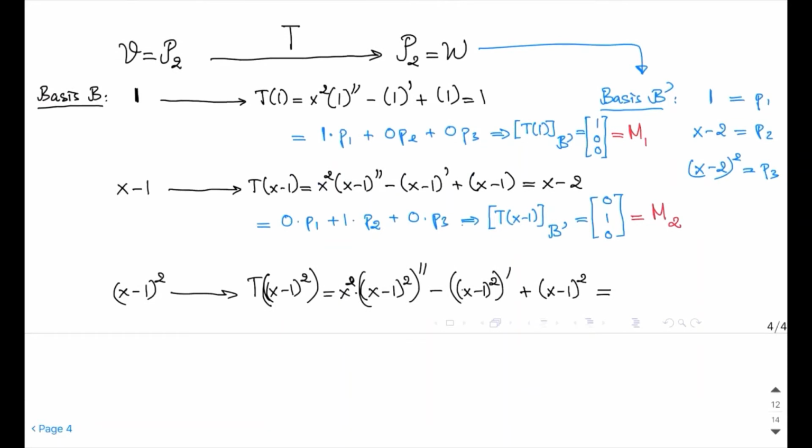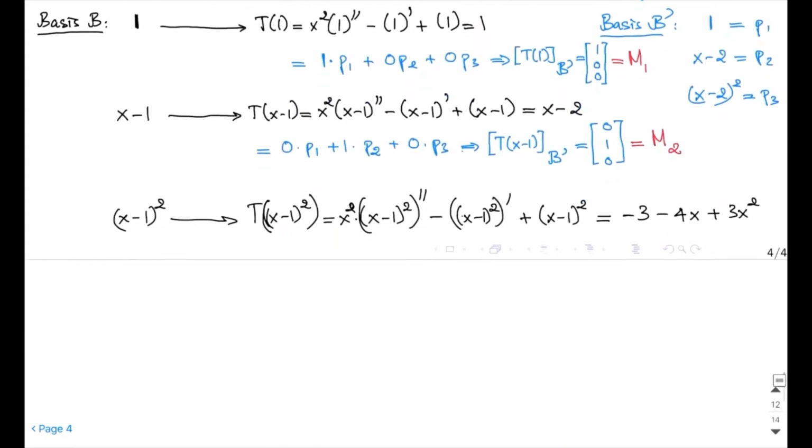You are going to get the following: negative 3 minus 4x plus 3x squared. Next step, we are going to express this as the linear combination of the vectors in the basis B prime. Now you get something that is obviously not easy to express in terms of P1, P2, and P3.